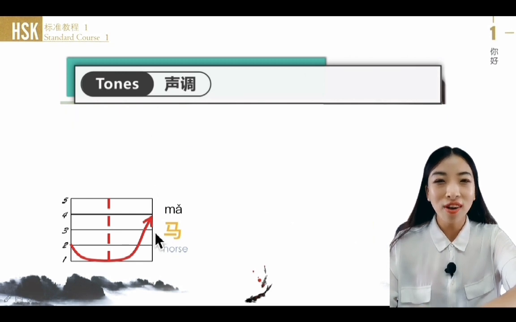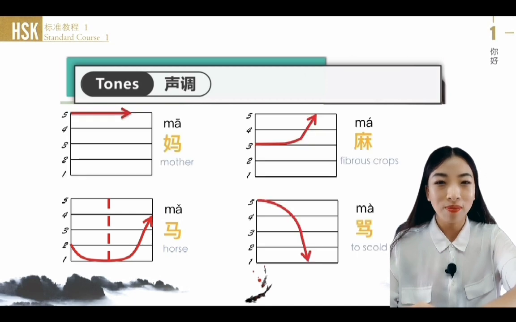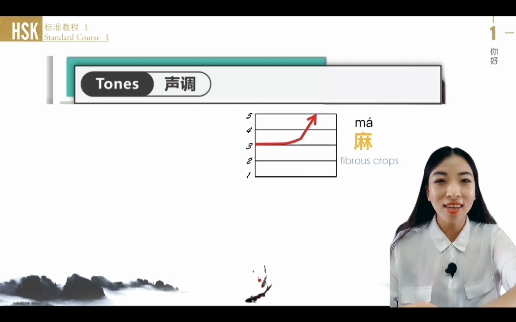The third tone again, ma. The last one. Next one, ma. Ma. Which one? The second tone, ma.